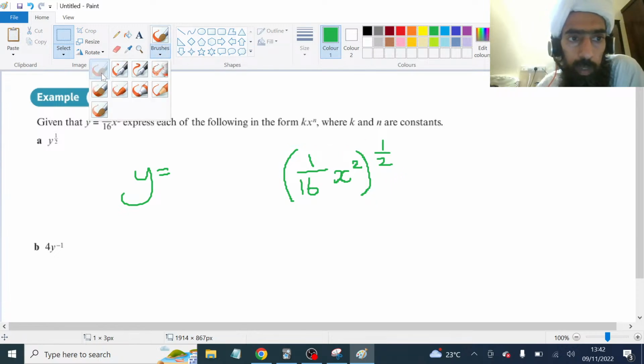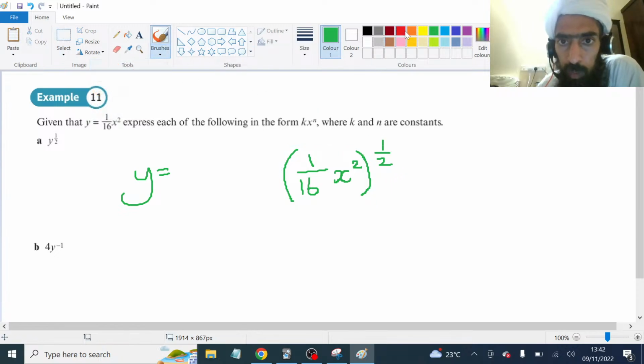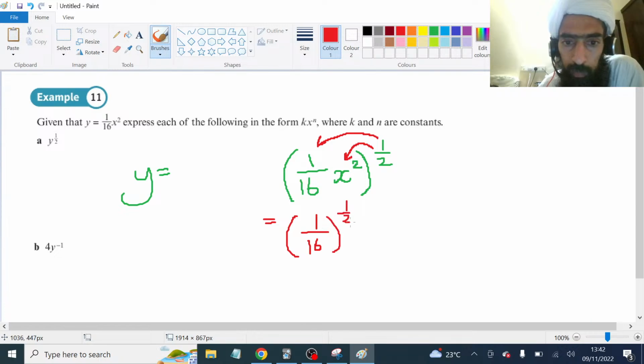Now we can apply the power half separately in two stages: first to the number at the beginning, the 1 over 16, and then second to the x squared. So this would be 1 over 16 to the power half times, because there's an invisible times between the 1 over 16 and the x squared, x squared to the power half.